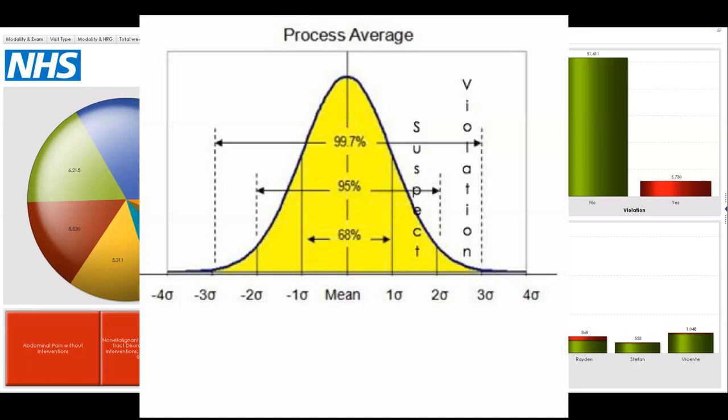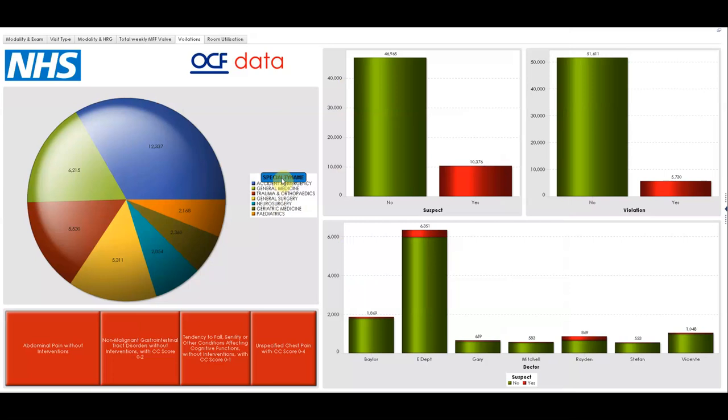That is, they requested more tests than others in a particular HRG. The report consists of a specialty name, that's the referring type, and you've got the HRG codes, the top 4 HRG, and we've got suspects, and we've got violations. We've also got the top 7 doctors or suspects.